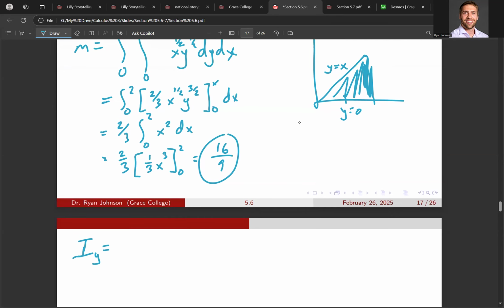That would be 0 to 2, 0 to x, and you'd have x squared times x to the 1/2, which would be x to the 5/2, y to the 1/2. An extra x squared because we're doing gyration.